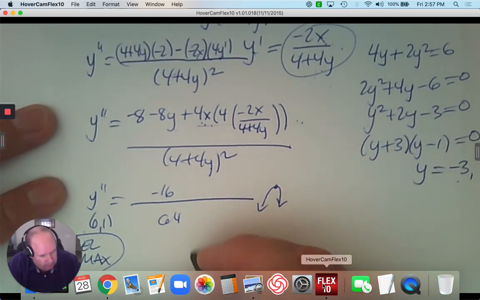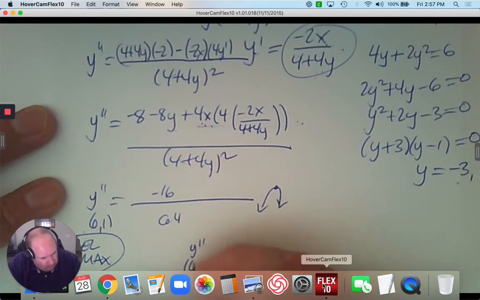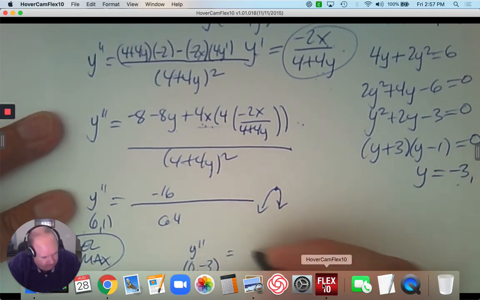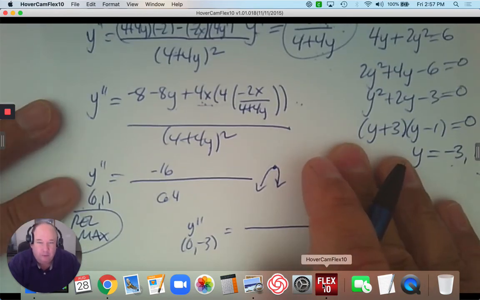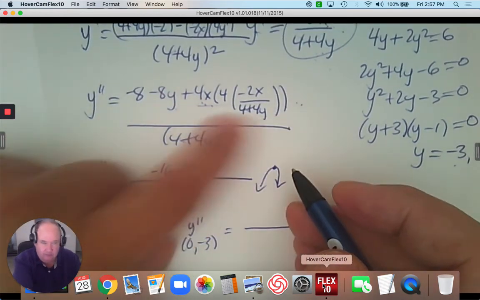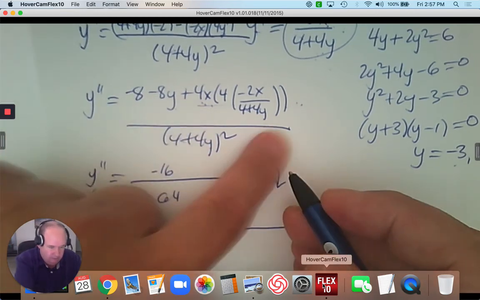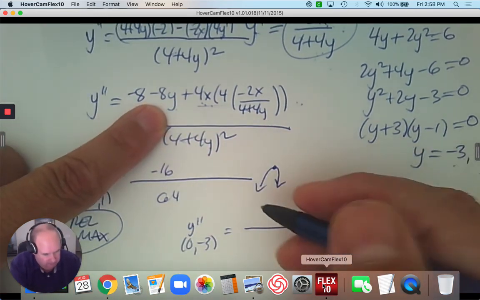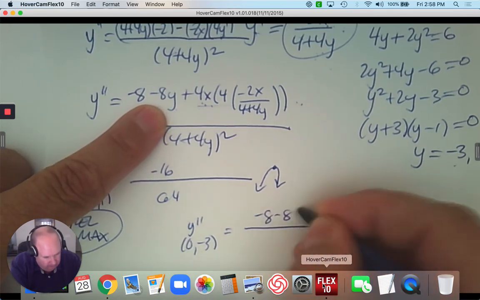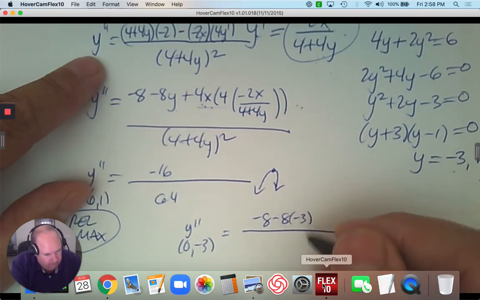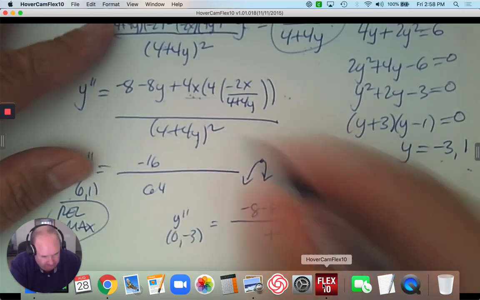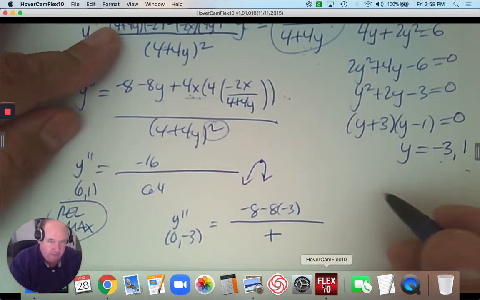We're going to do the same thing for 0, negative 3. Again, when you plug in zeros, that's why I didn't do much more here. If you plug in 0, you get 0. So plug in negative 3. The bottom's always going to be positive, and that's all I care about, because when you square it, whatever the number is, it's going to be positive.